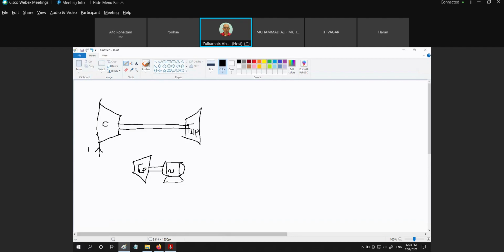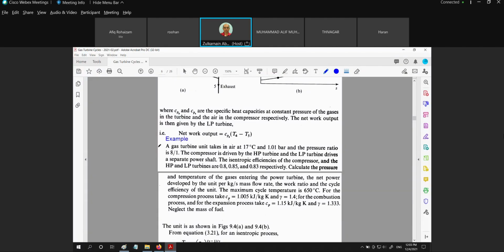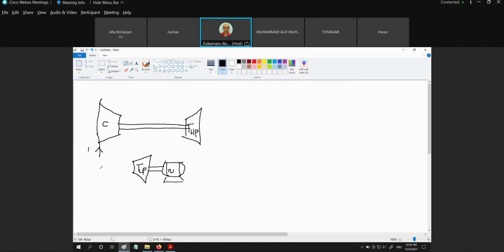If we look in this case, 17 degrees C and 1.01 bar. So the T1 is 17 degrees C and the P1 is equivalent to 1.01 bar.